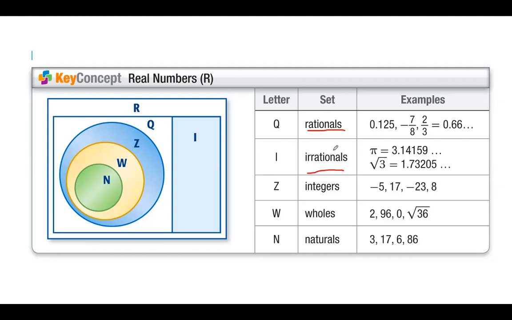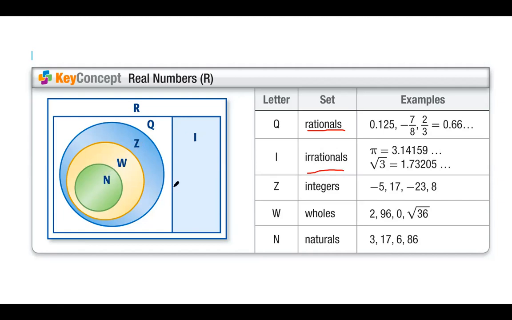And from there, once you decide which of those two it is, we can classify even more if it is a rational number. Within rationals, we have more subsets, and we're going to work our way out of the subsets.